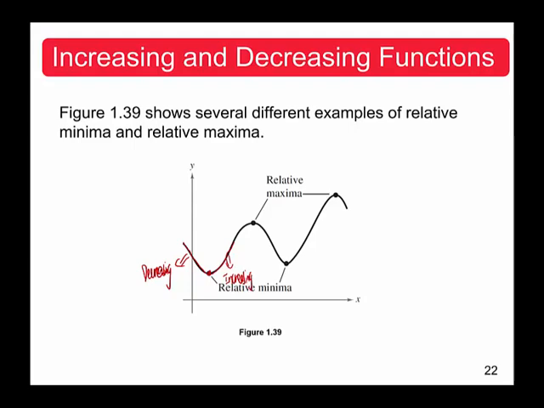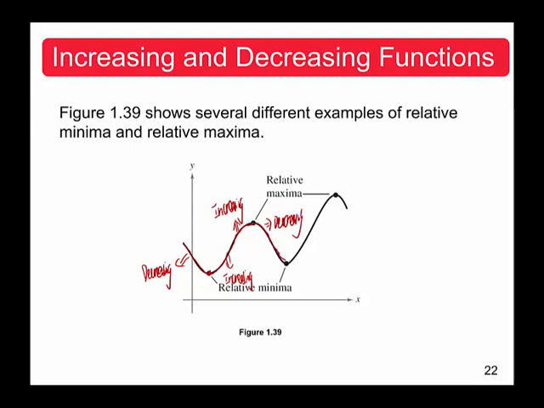Now our second part, we have increasing all the way to the top. It's increasing all the way to the hill, and goes back down. Again, we get decreasing here. Then we have a relative maximum.